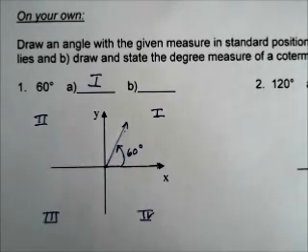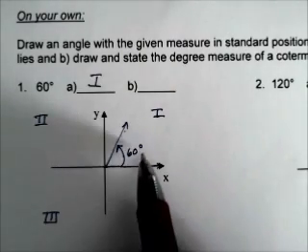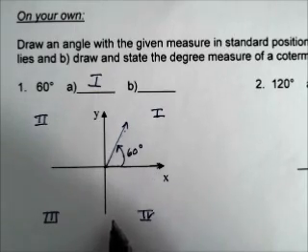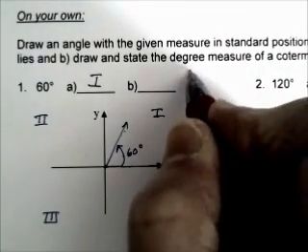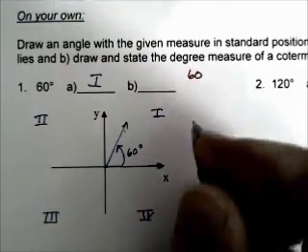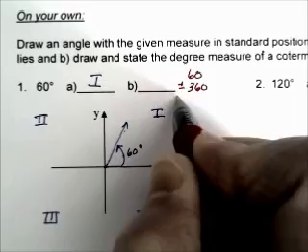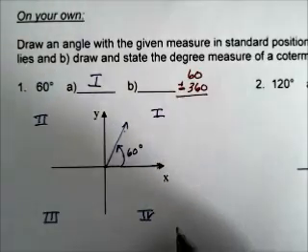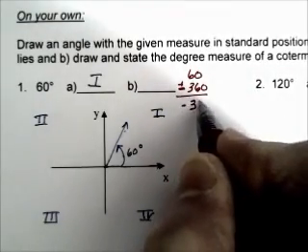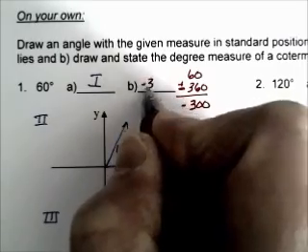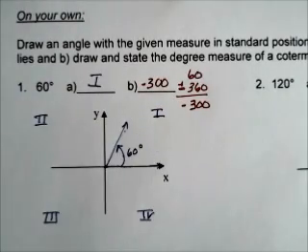Well, to get a coterminal angle, we can either add or subtract 360. So we take our 60 and we add or subtract. We can do plus or minus 360. If I do minus 360, it would be negative 300. I want to draw that.